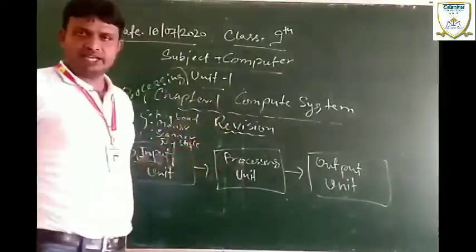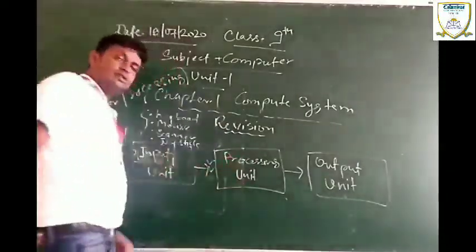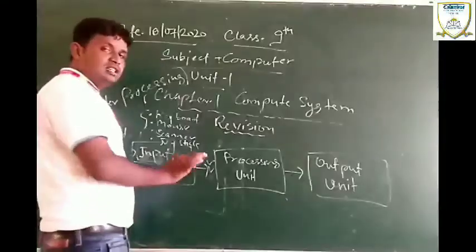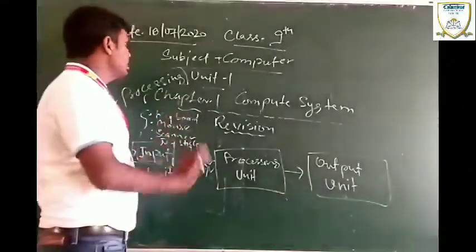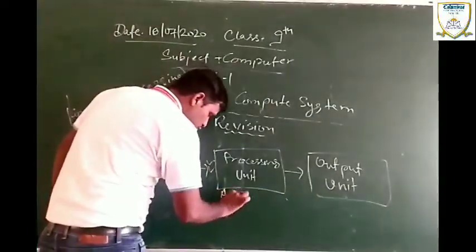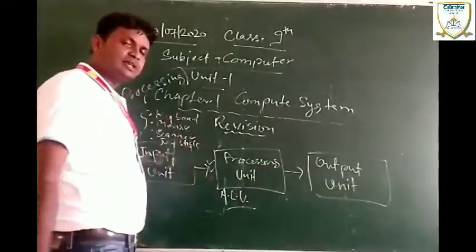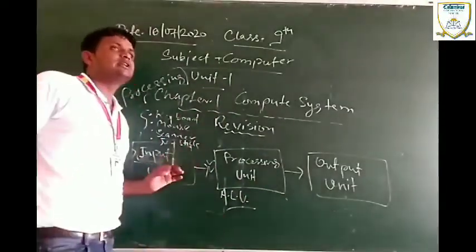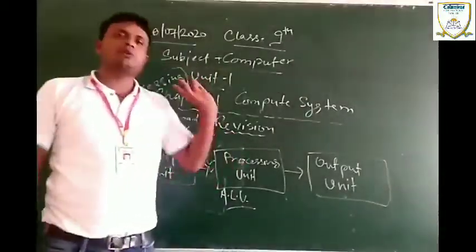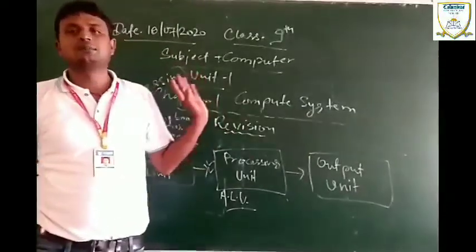When inputting is finished, then processing work starts. In processing, there is the ALU. In the previous class I explained ALU. ALU means arithmetic logic unit, where both calculations and operations are done by the computer.